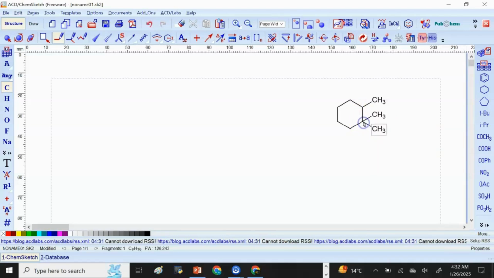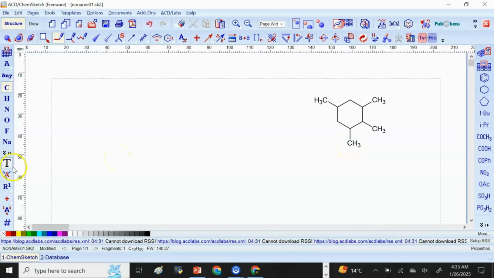Then you add another one here, and also another one here. So how do you change these methyl substituents to the groups you want? A hydroxy group should be attached here, COOH should be attached here, and this should be attached with carbon. So how do you achieve that?